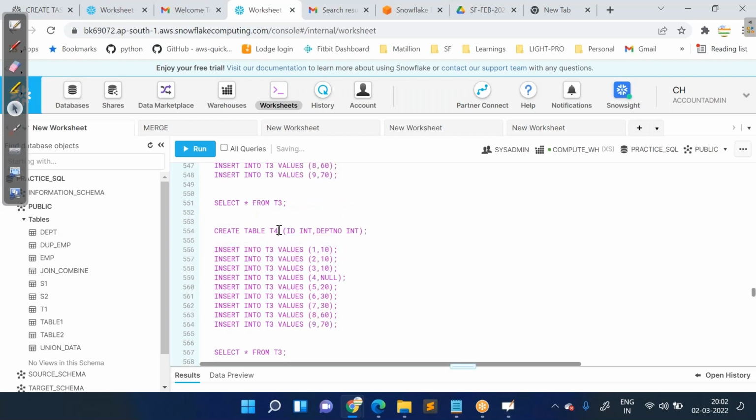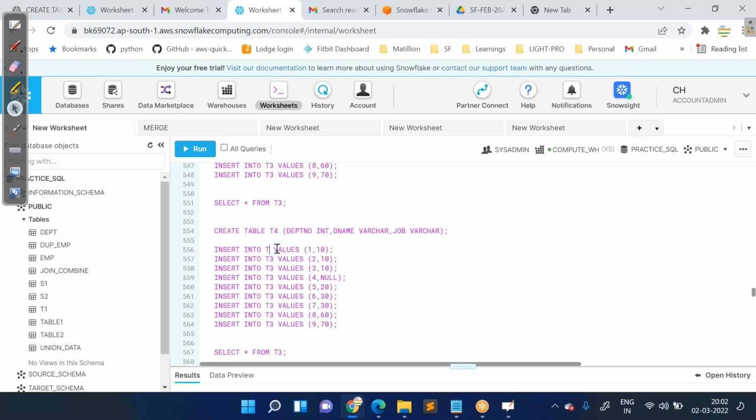T4 having department number, comma, DPT name, dname, data type is varchar, comma, job is also varchar. This is the other table. Department number is the join condition.